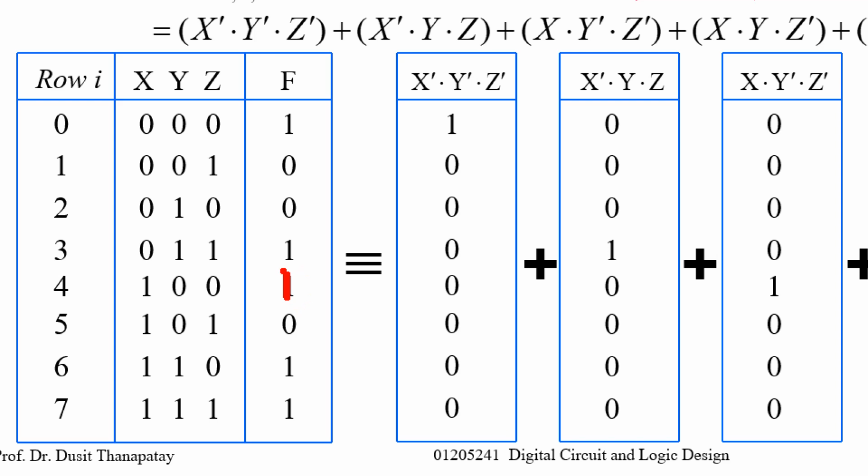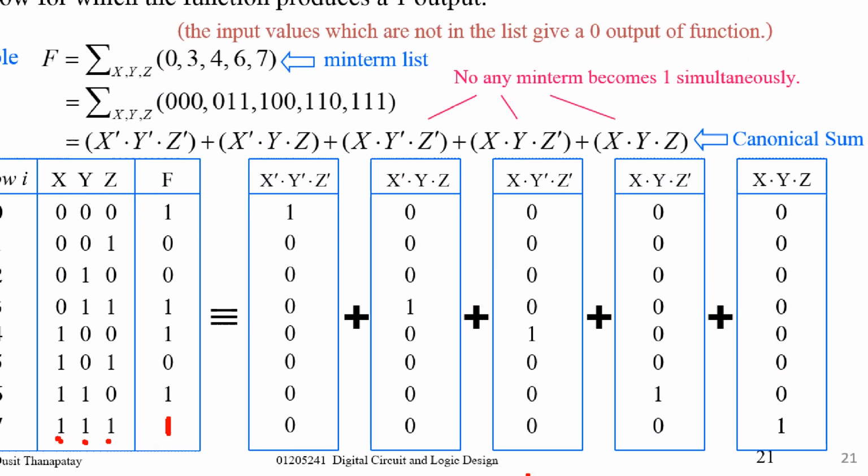When x is 1, y is 0, z is 0, it's x and y prime and z prime. For this one, the min term is x and y and z prime. And this one, 1, 1, 1, is x and y and z. So you get 5 min terms, 1, 2, 3, 4, 5, that make the function 1 for each case.